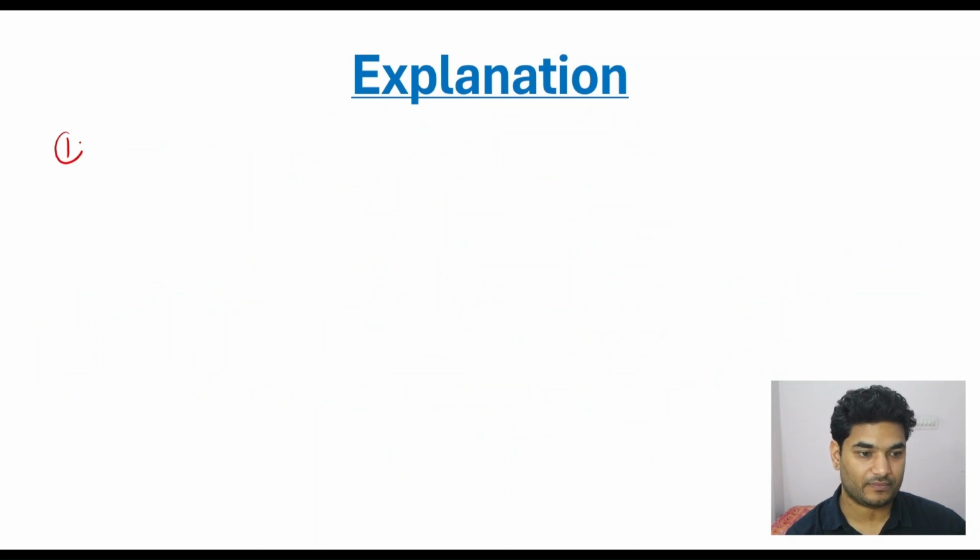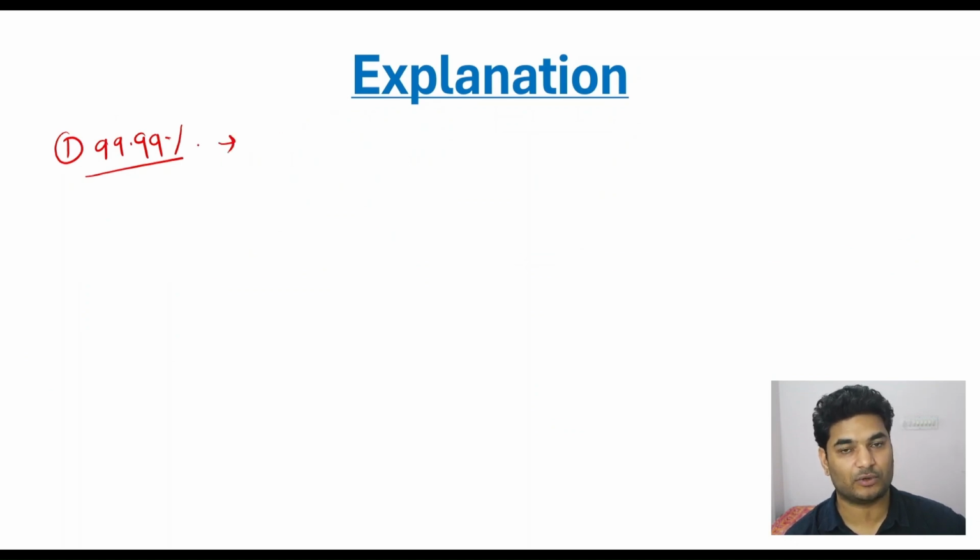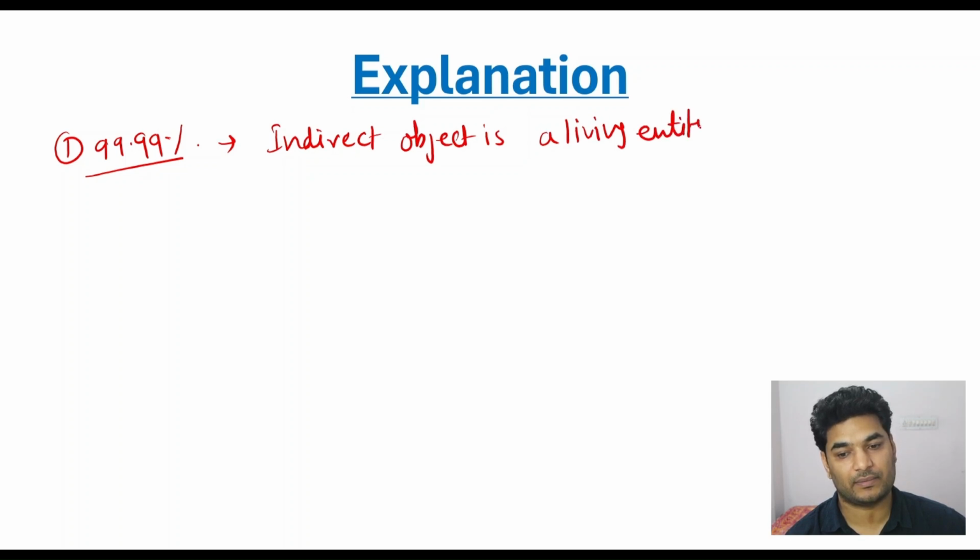Now, 99.99%, or it is almost always the case that the indirect object is a living entity, a living thing, either a person or an animal.